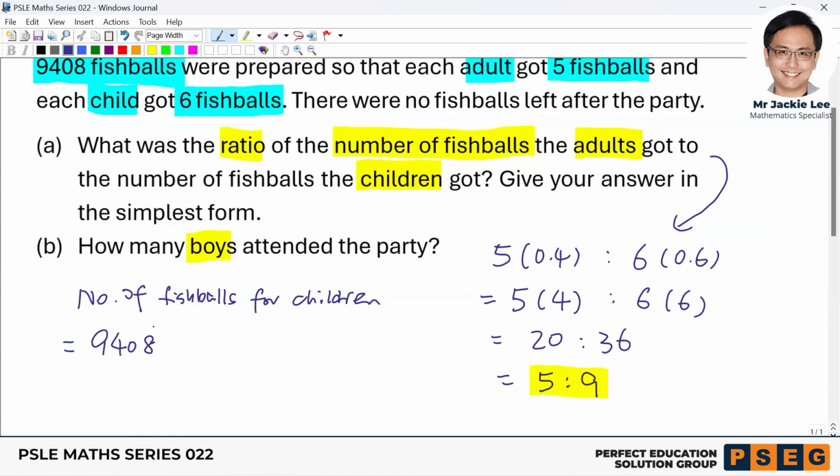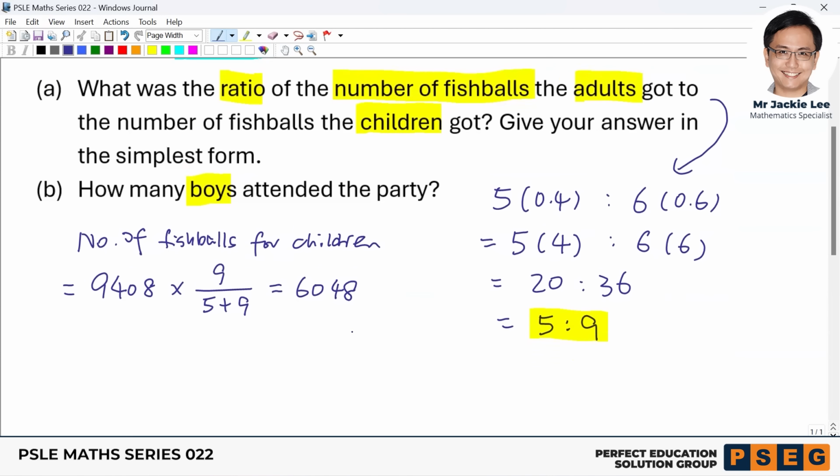For the children it is 9, so 9 over 5 plus 9. 5 plus 9 is 14, so the bottom is 14. Press a bit on the calculator: 9408 times 9, divided by 14. This should be 6048. Check, no mistake.